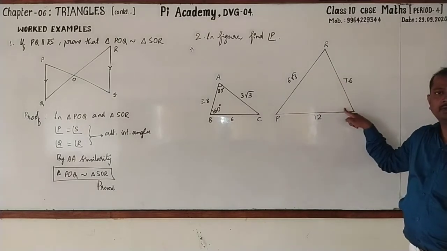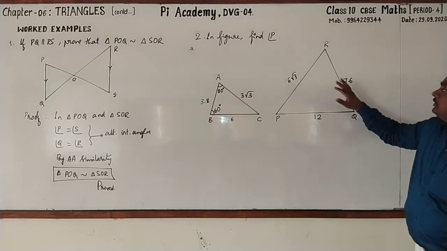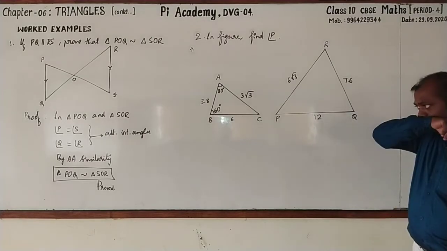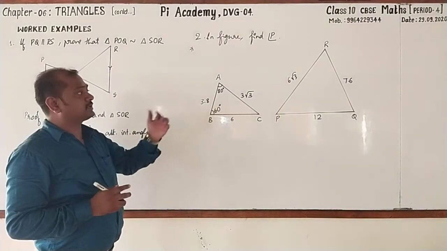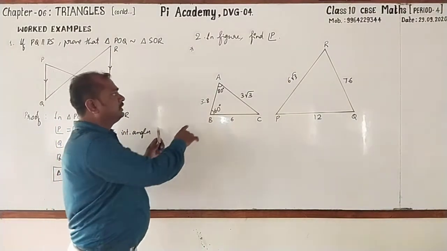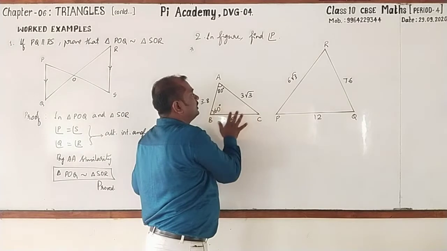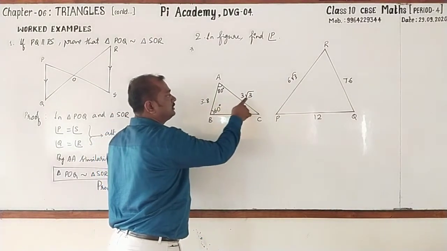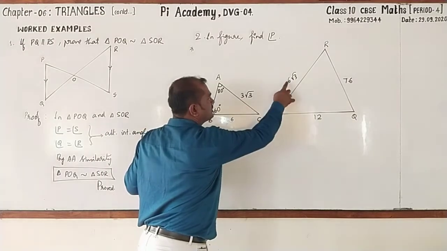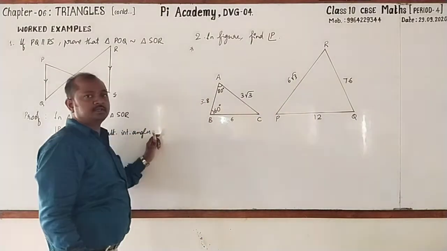Here have they given? No. Then how do you go for finding? Look here. First, you have to find out the corresponding vertices. They have given the sides of both the triangles. See that it is 6, 3.8, 3 root 3. Here 12, 6 root 3 and 7.6.